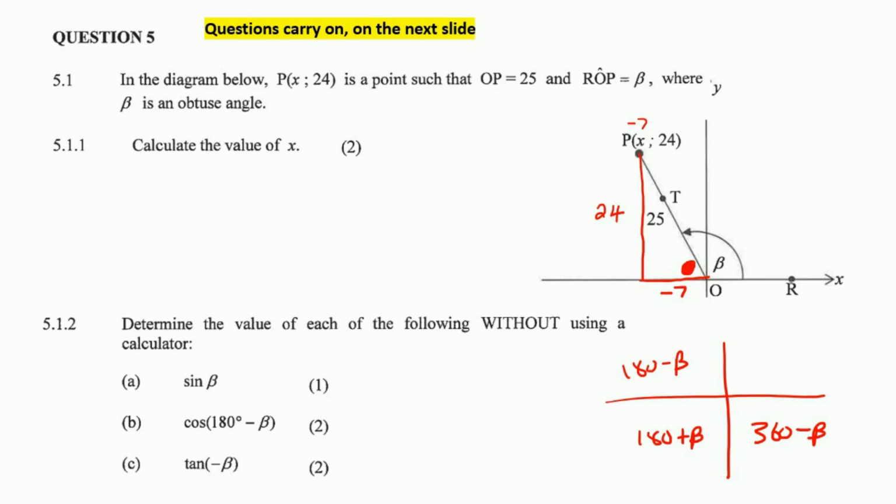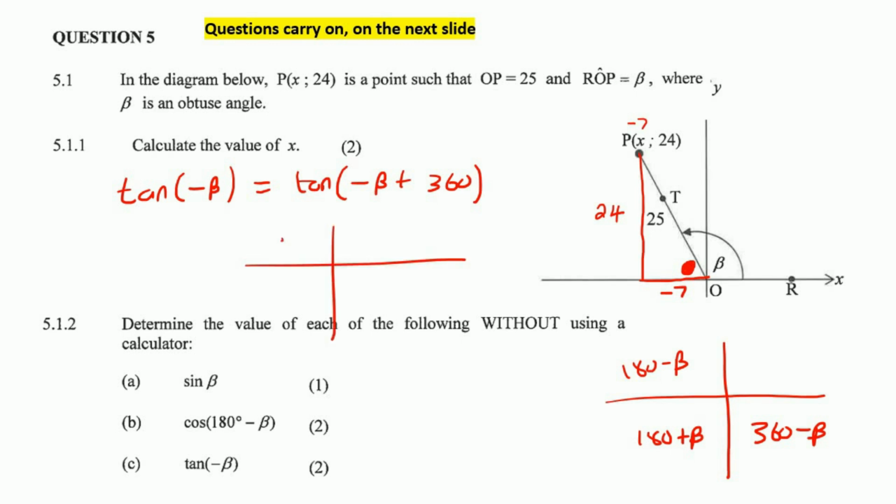What I've said in previous lessons is that if this angle does not look like anything on this CAST diagram, just add 360 or minus 360 depending on what is appropriate for that particular scenario. So for this one, we are going to add 360. We are allowed to do that because mathematically, if you add 360, you're in the same place. And if you minus 360, you're still in the same place, okay?